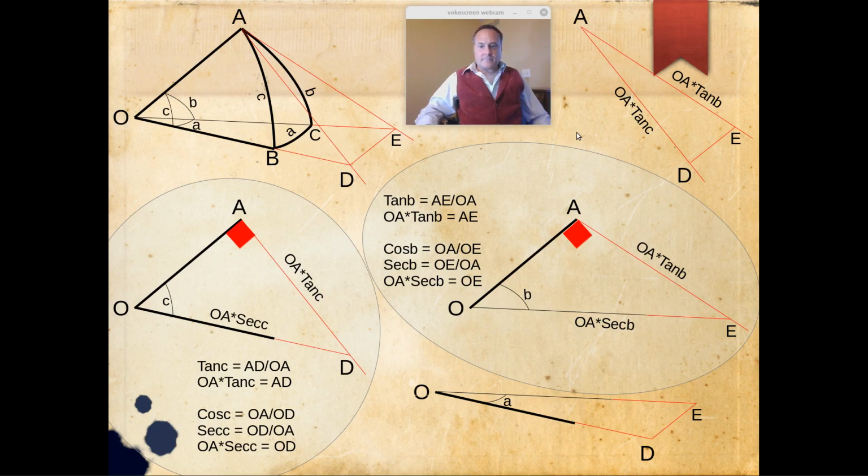And I can do the same, understanding that this base and this base, from the diagram in the upper left-hand corner, also comprise the sides of a different triangle, located here. So I put OA secant B here, and OA secant C goes here. And so I've discovered the sides of all of these triangles simultaneously, really.